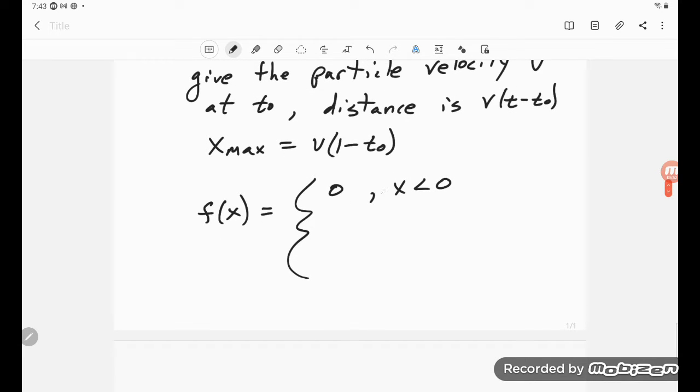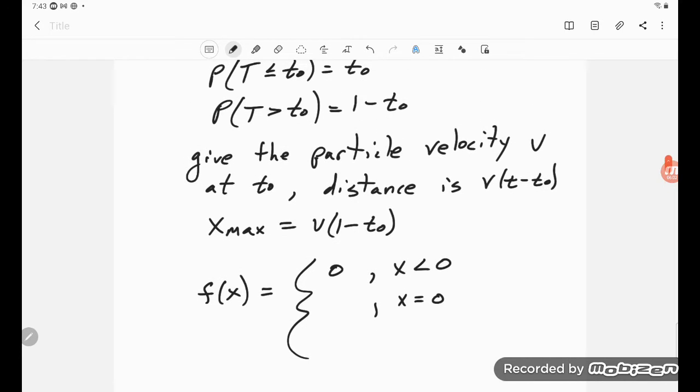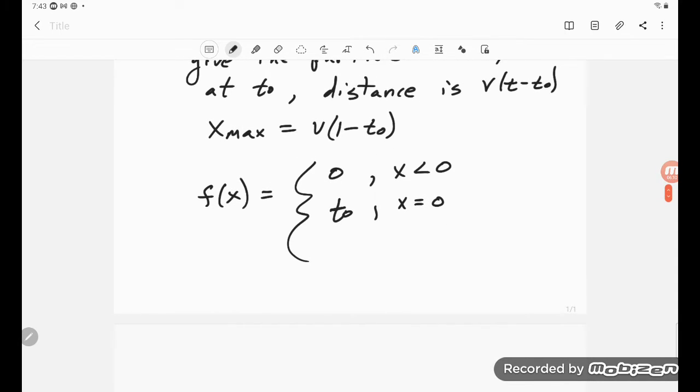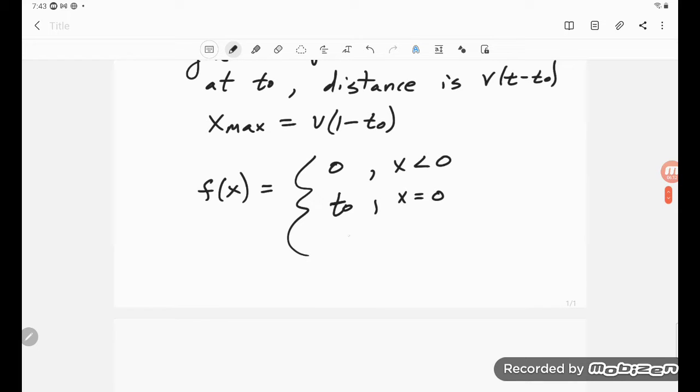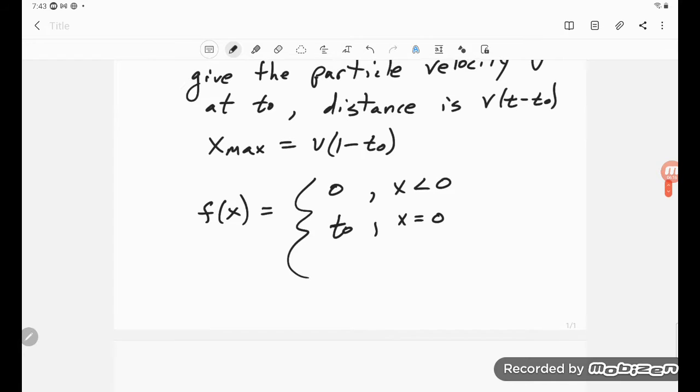And then at some point, it's going to jump up when x equals 0. That's going to be that spot at t0. Well, what was that probability? That was t0. So there's t0. And then the rest of it is going to be this PDF.